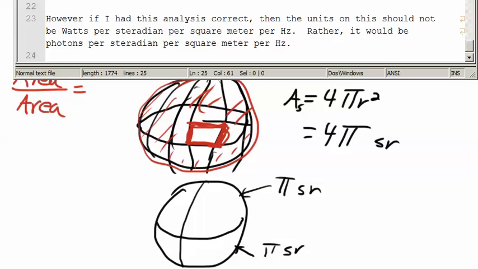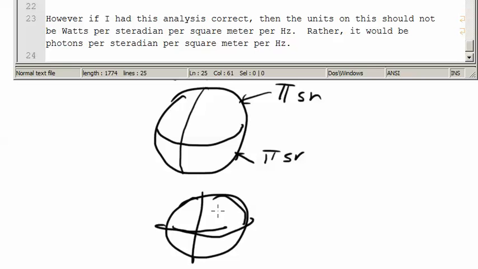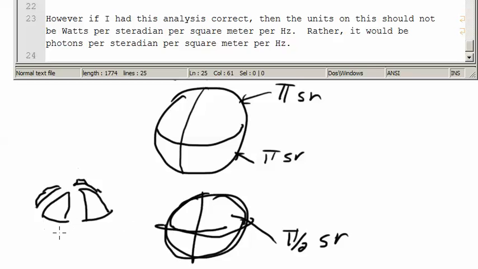If I divided it into 8, each quarter cut into 8s, each of those would be pi over 2 steradians. There are some pieces chopped into 8 bits, little pockets.